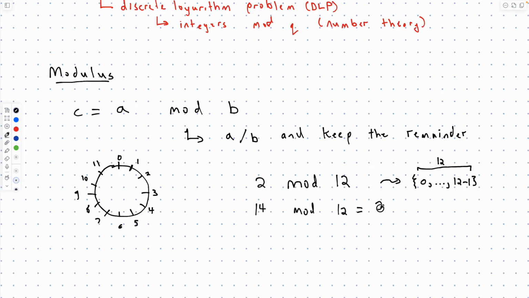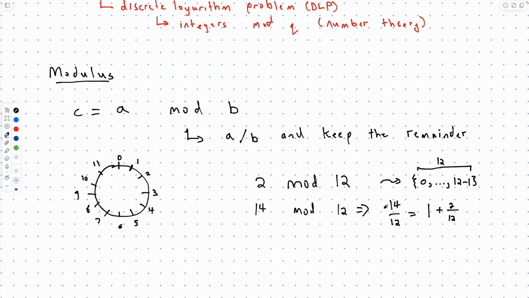2. So if you know 24-hour clock, you know that 14 o'clock is the same as 2 p.m. And why is that? Well, I did 14 divided by 12. So 14 divided by 12 is 1, and remaining I have 2 left over.